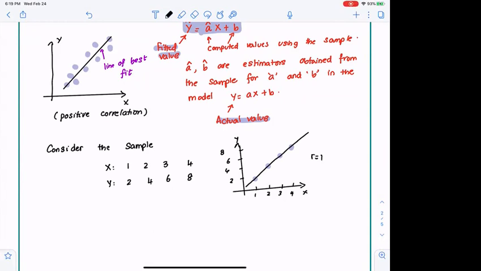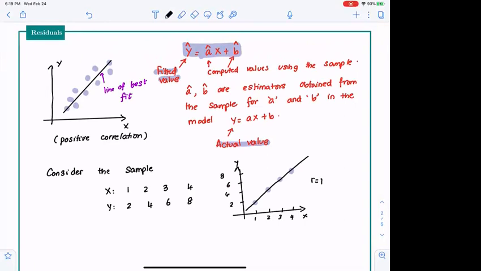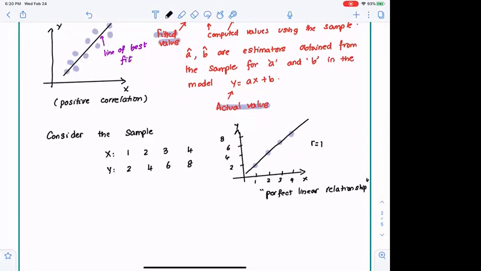It is a perfect linear relationship, no variability at all, in contrast to the figure that is on the top left corner. And I know the equation that would describe the line. So the model here is simply 2 times x.